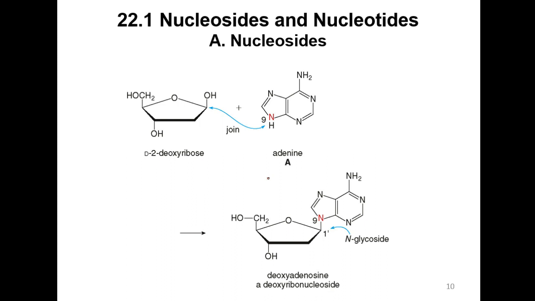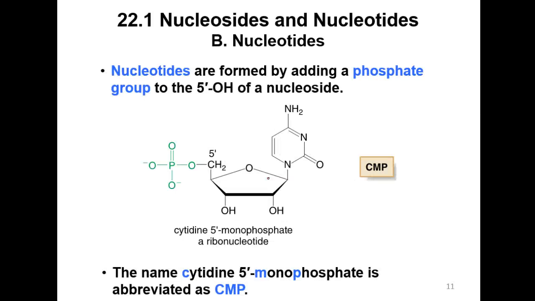Here they're just showing an adenine hooking up onto the anomeric carbon. Nucleotides are formed by adding the phosphate group to the 5-OH. When they name things, this carbon they call the 5 or the 5 prime, and this carbon right here they usually call the 3 prime because it's 5, 4, 3, 2, 1. Our 1 is where our base is.